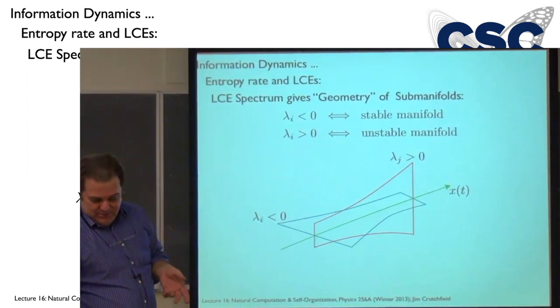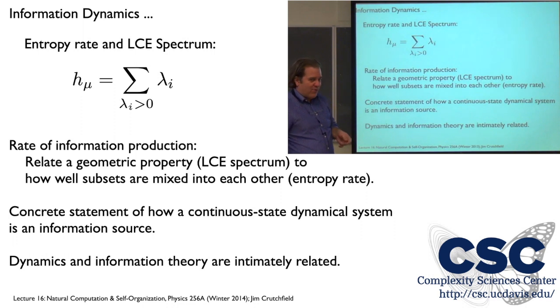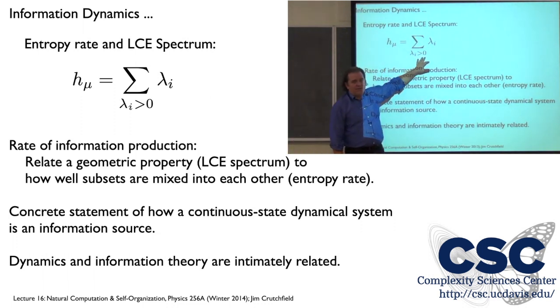So the connection, and it probably would take like half a quarter to prove this, is that this metric entropy, or I'll just say entropy rate from now on, is equal to the sum of the positive Lyapunov exponents. There can be lots of negative ones, lots of stabilizing directions, but the positive ones are related to this.